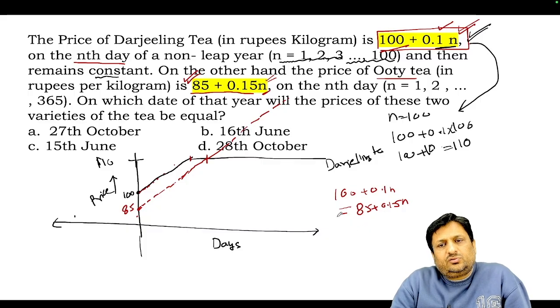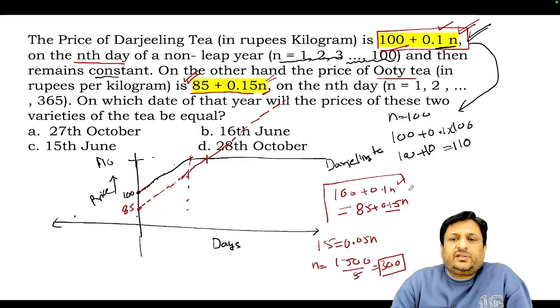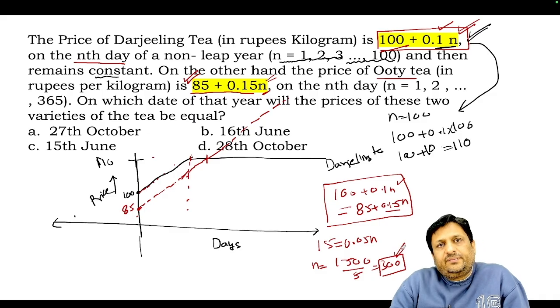If I solve these two equations, 100 minus 85 is 15, and 0.15n minus 0.1n is 0.05n. From here I am getting a weird value of n. In that case, n will be 300. But the problem is it cannot be 300, because we have already assumed that they intersect each other before 100 days. Then only we make them equal. So n comes out as 300, which is more than 100.